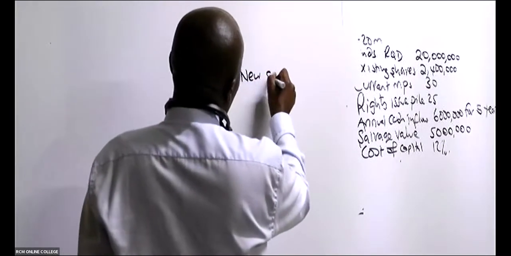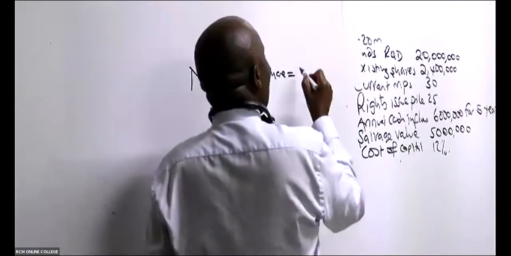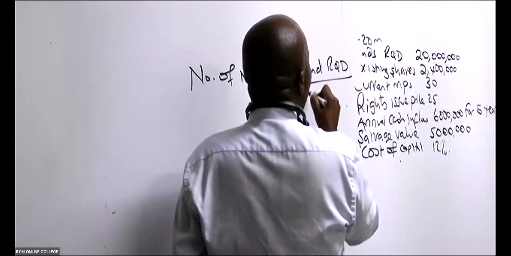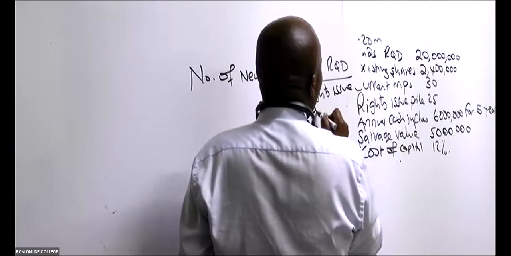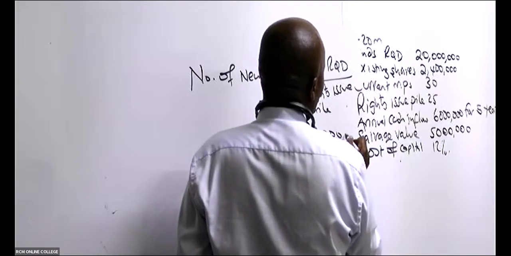New shares is the funds required over the rights issue price. How much do we need in total?